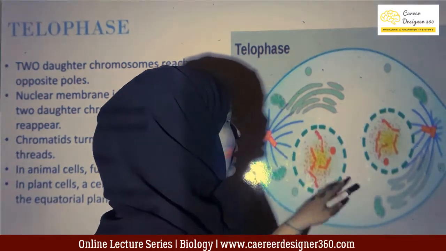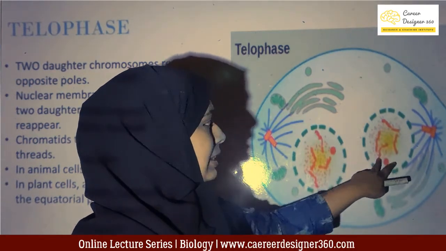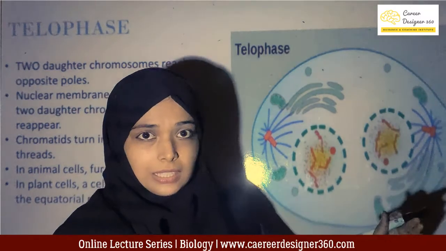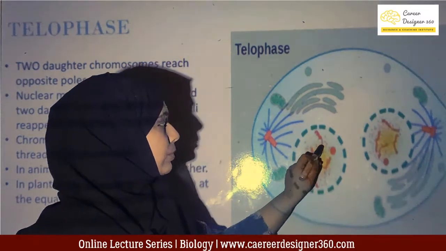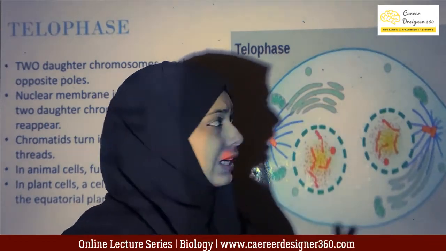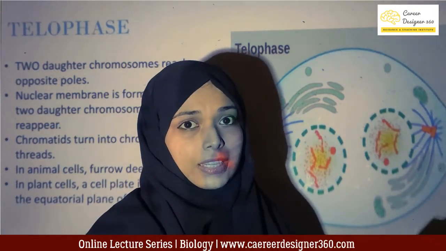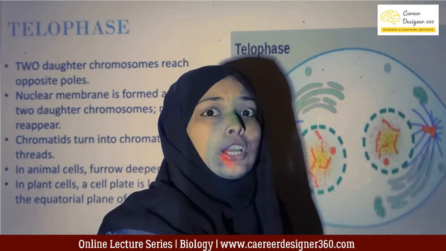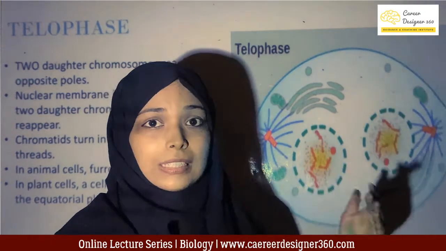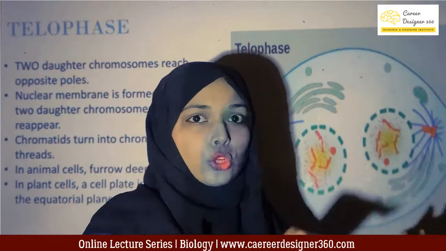So now the two new nuclei have been formed, so the chromosomes are now changing back to chromatin. Okay, so this again is a reverse of prophase, where in prophase chromatin had turned to chromosome. Now in telophase, the chromosomes turn back to chromatin.